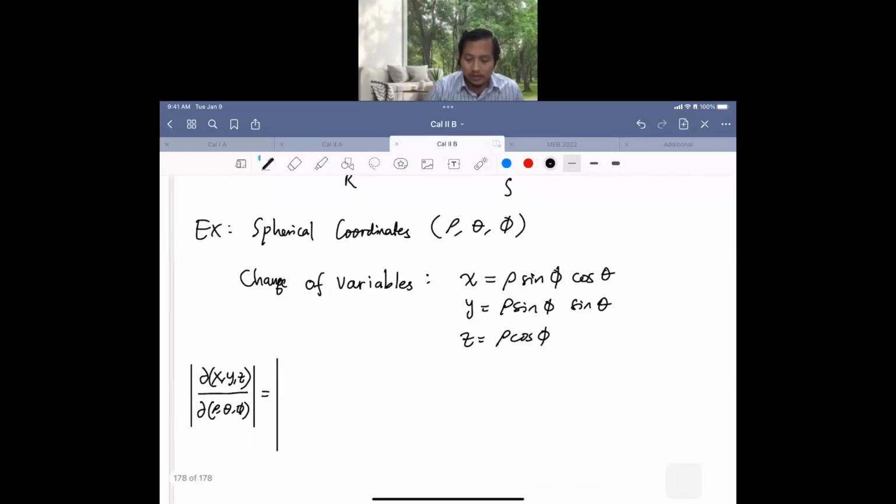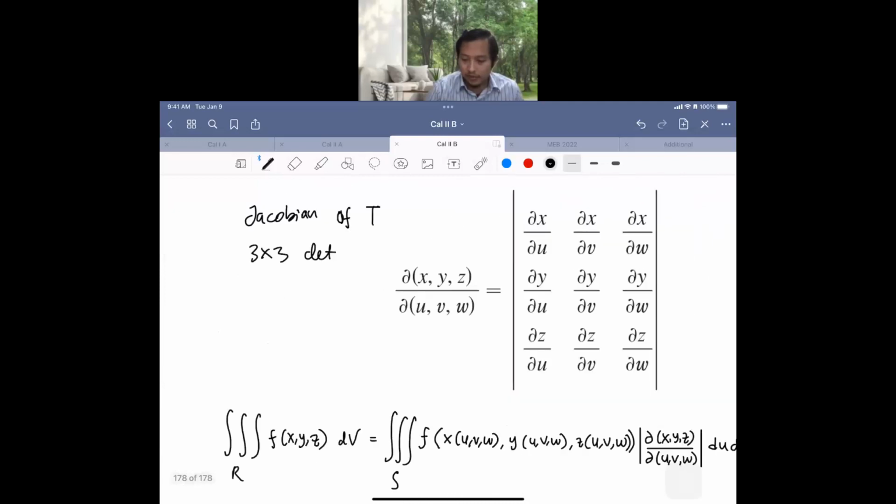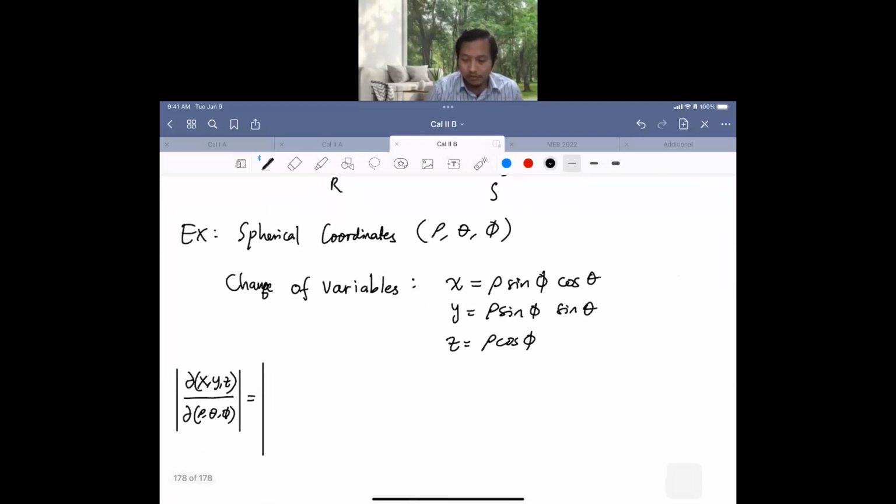So first is ∂x/∂ρ, which gives sine psi cosine theta. Then the next part is ∂x/∂θ.